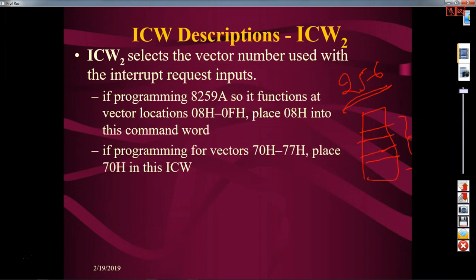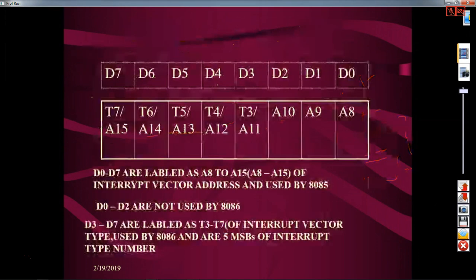This ICW2 selects the vector number used with interrupt request inputs. If you are programming the 8259 so that it functions at vector location 08H, then place 08H into this command word. If programming for vector 70H, then place 70H in ICW2. Now let us take an example.